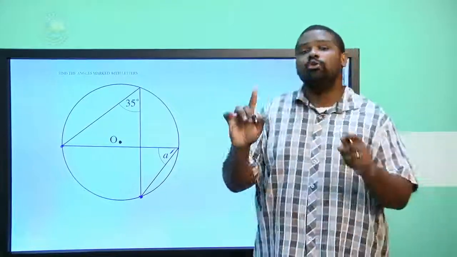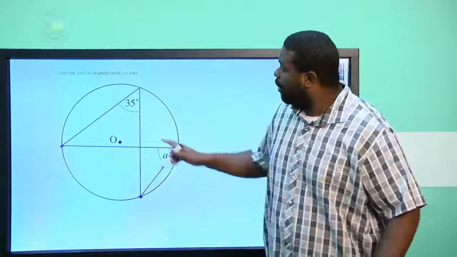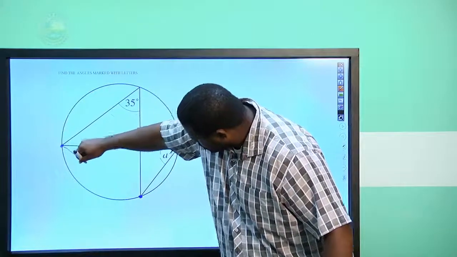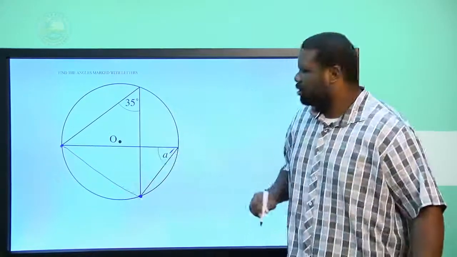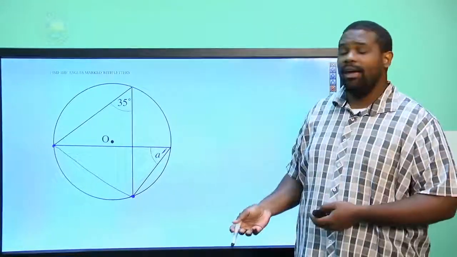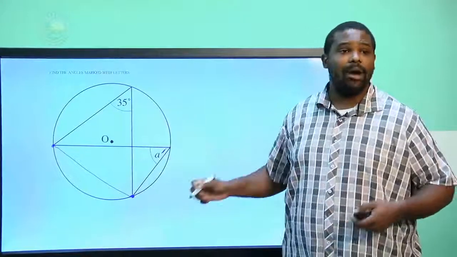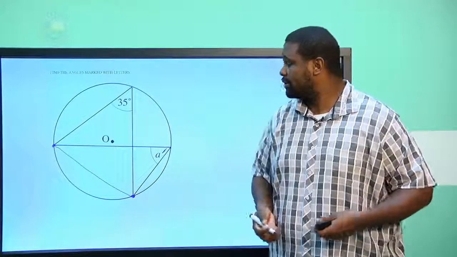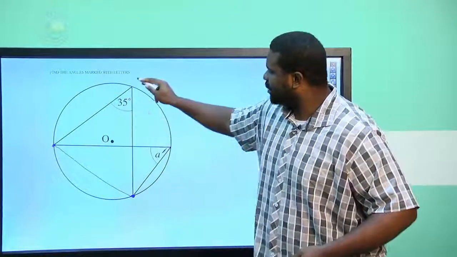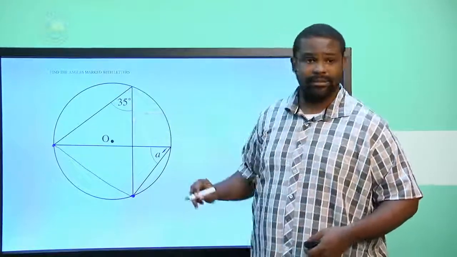Now, even though you do not see it, the chord that is making this angle is this. So whether the chord is actually drawn or not actually there, we can simply draw it in so that we can apply our rules. So now we have that this chord is creating this angle, 35 degrees.